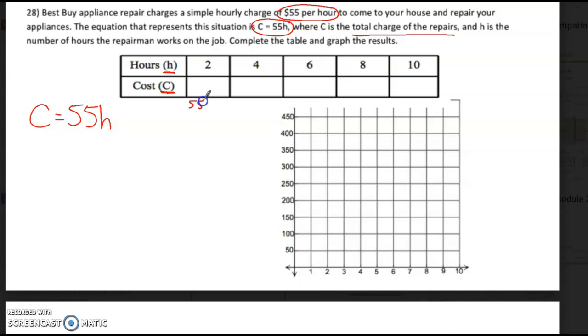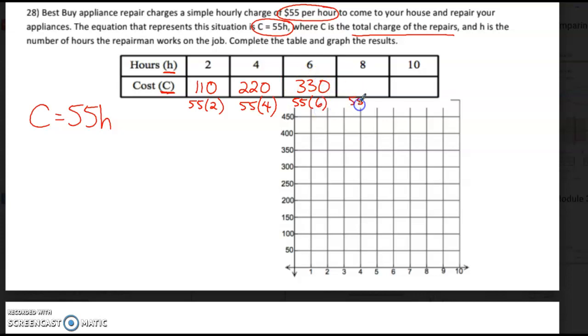So we have 55 times 2, which is 110. Then 55 times 4 gives us 220. We have 55 times 6, which gives us 330.